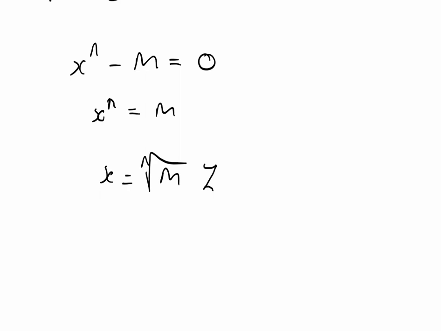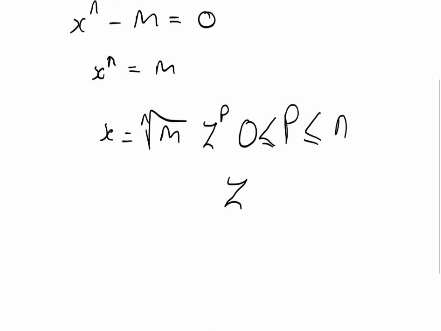I think that's a zeta, times this special symbol to the p, where p is greater than or equal to 0 and less than or equal to n. And zeta is just an nth root of unity.